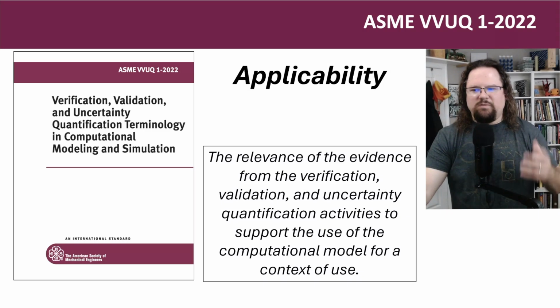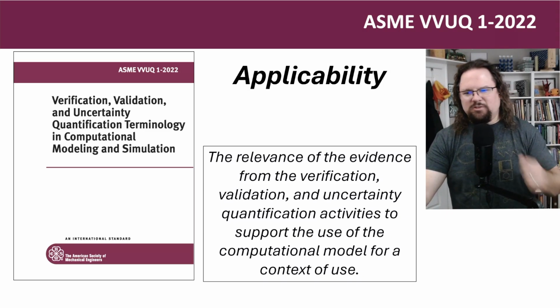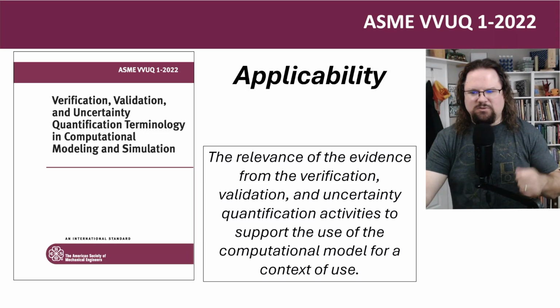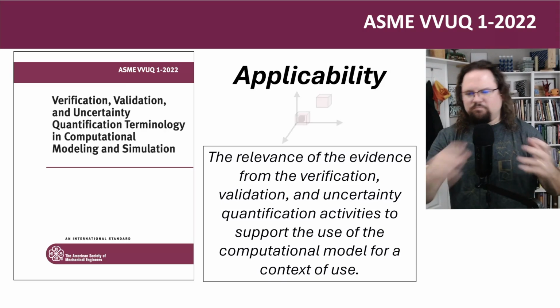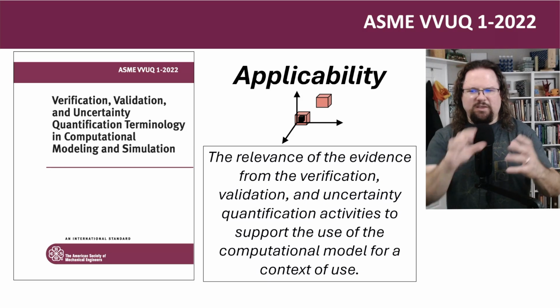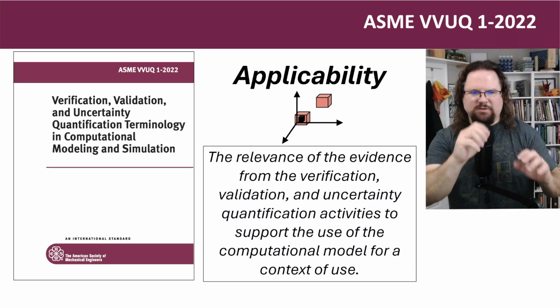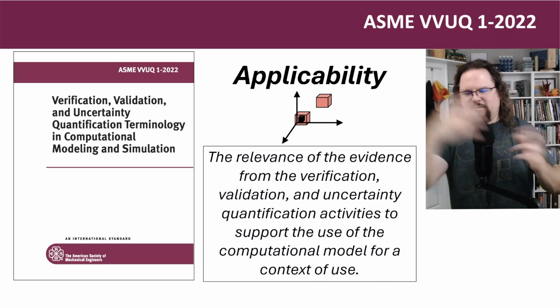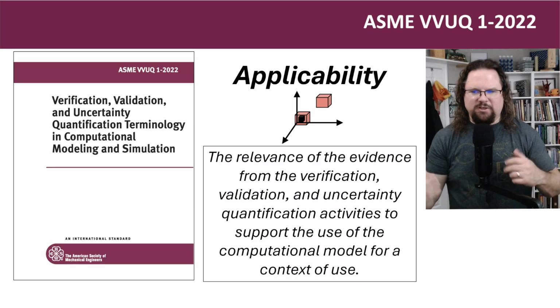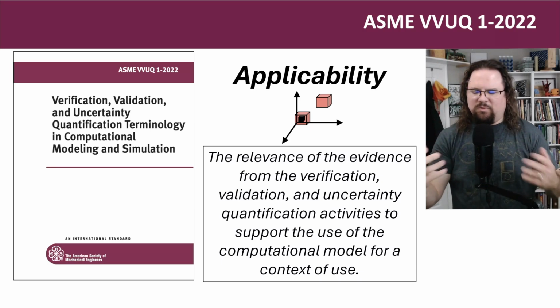Applicability: the relevance of the evidence from the verification, validation, and uncertainty quantification activities to support the use of a computational model for a context of use. I just like to think of it as, hey, you've got this three-dimensional space, and you can see I've got one box where I'm close to my validation data and the other box where I'm far from my validation data. Do I really want to use the model in both of those cases?